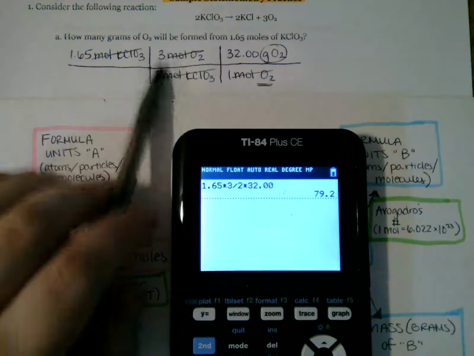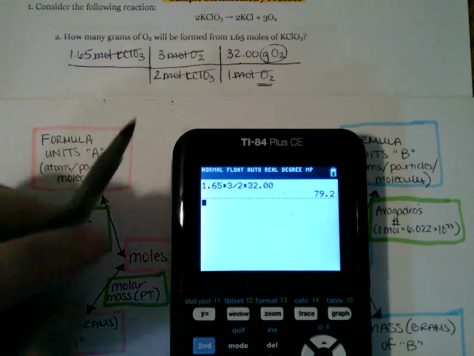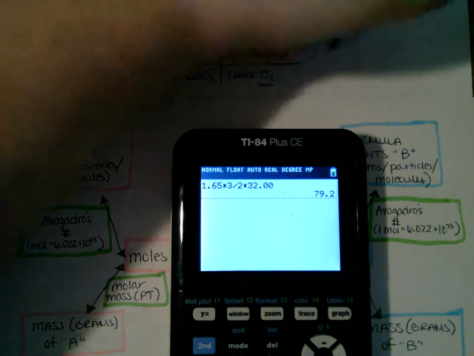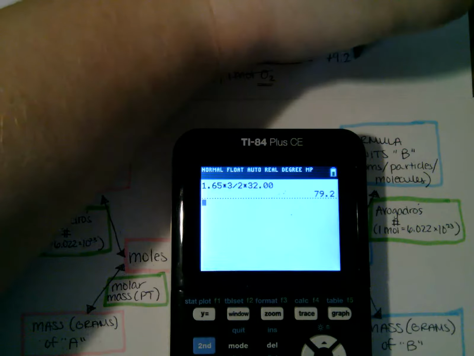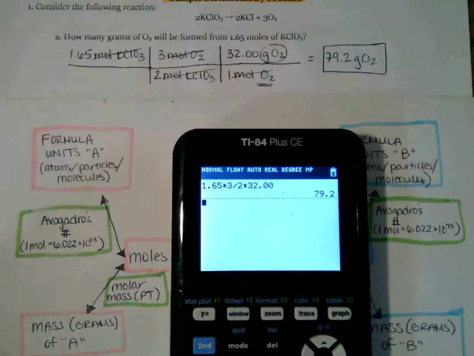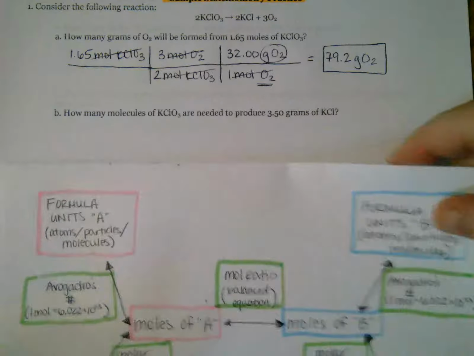Again, the coefficients are exact values. Those have infinite sig figs, so they're not really going to count towards our sig figs. So our final answer is 79.2 grams of oxygen. And just like that, we're done with that one. Let's move on and do the next question.